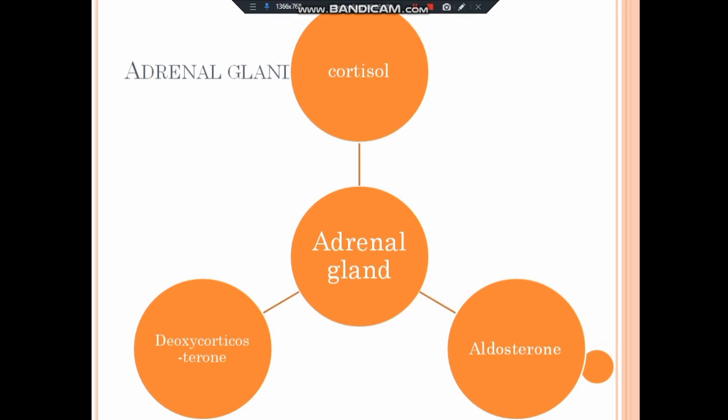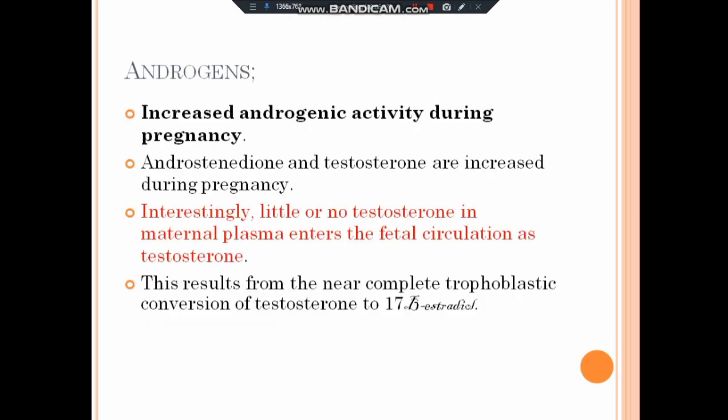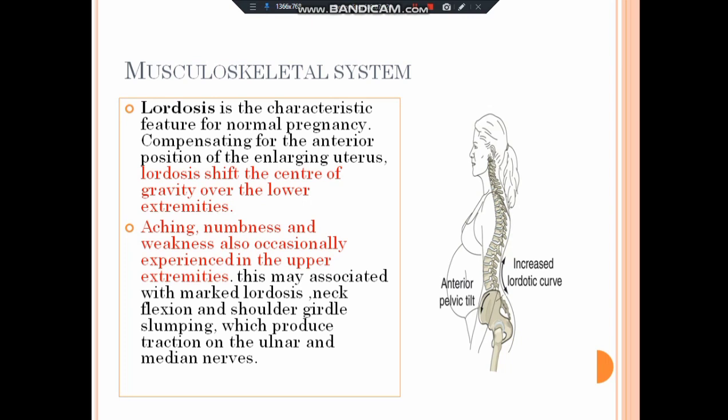The adrenal gland helps in the secretion of cortisol, aldosterone, and deoxycorticosterone. There is increased androgen activity during pregnancy. Interestingly, little or no testosterone in maternal plasma enters the fetal circulation as testosterone. This results from the near complete trophoblastic conversion of testosterone to 17 beta estradiol.